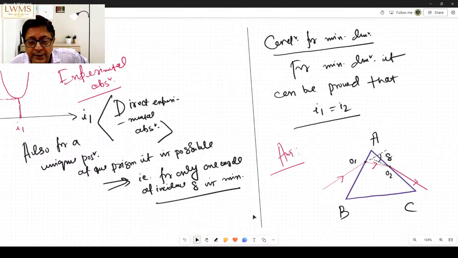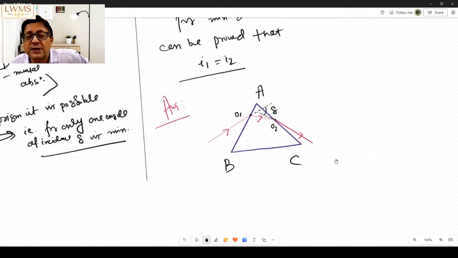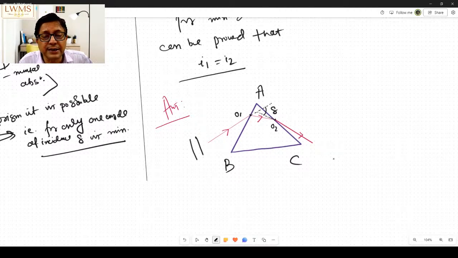So here, this is the scenario. Clear? This is the incident ray, HO1 incident ray, and considering refraction at O1 and O2 then. So angle of incidence is a well defined term.